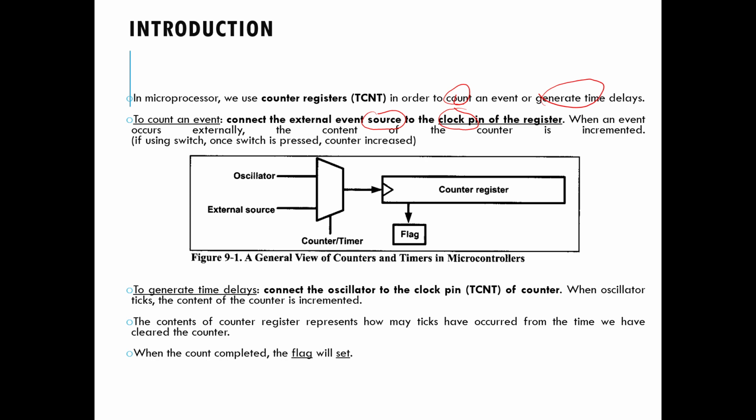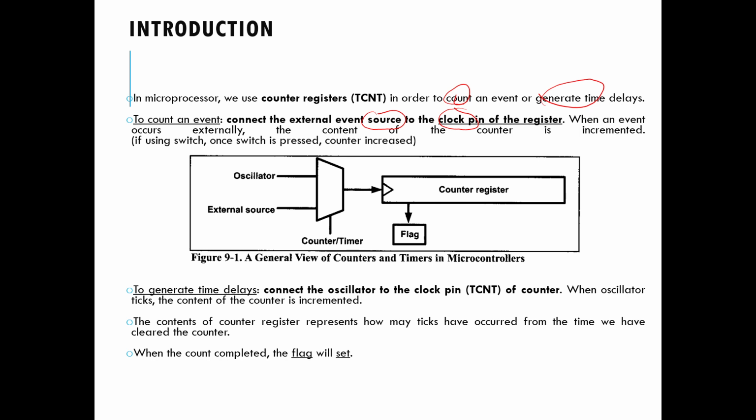The additional source may refer to the switch. For example, once the switch is pressed once, the counter will count by 1. If we press the switch 2 times, it is incremented by 2, so we want to count.